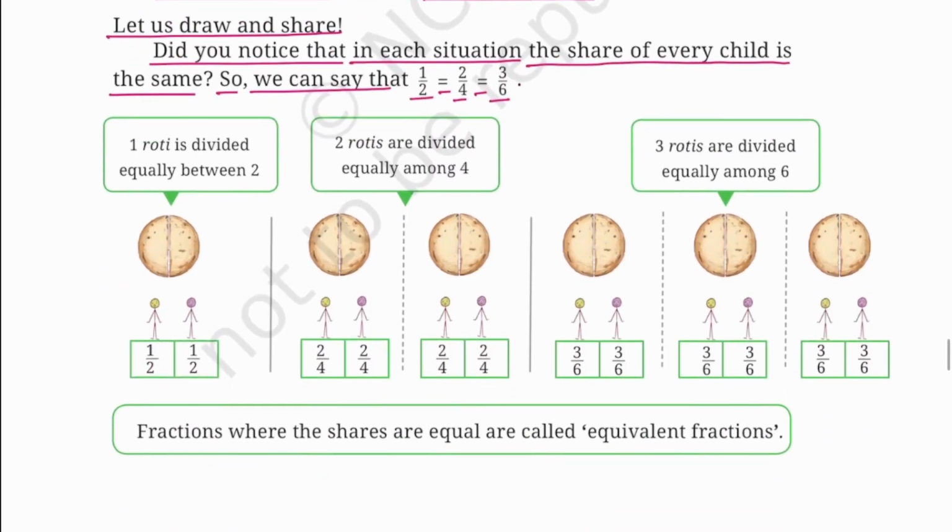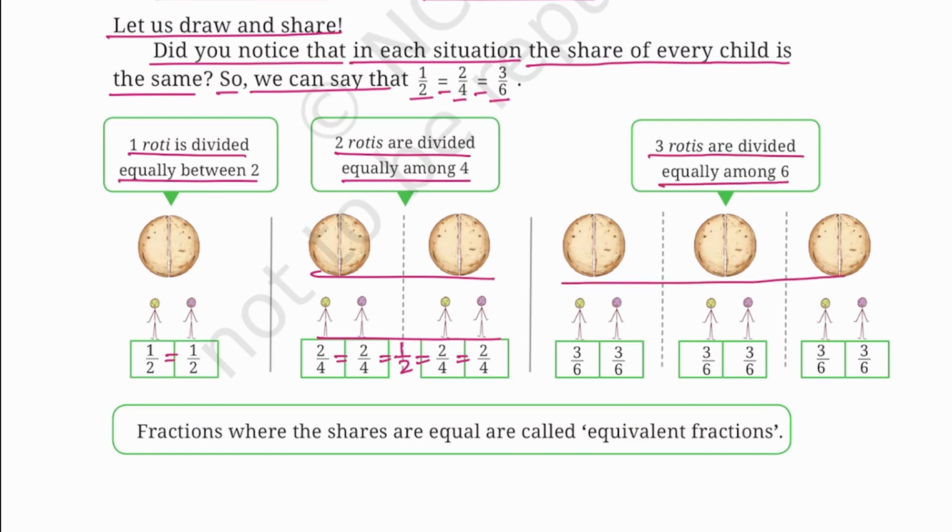You can see it here. One roti is divided equally between 2. You can see the share of every child is half. 2 rotis are divided equally among 4. You can see 2 rotis and 4 children. Share of every child is 2 upon 4, which is equal to 1 upon 2. 3 rotis are divided equally among 6.